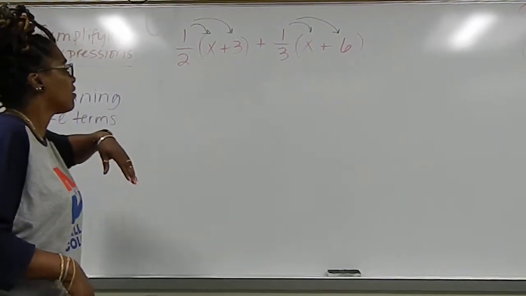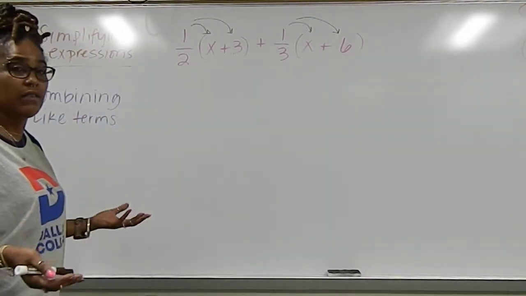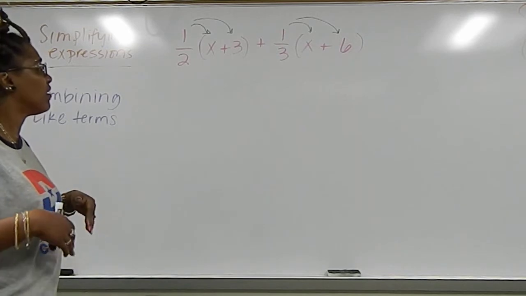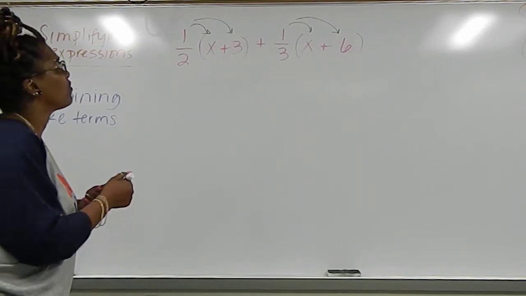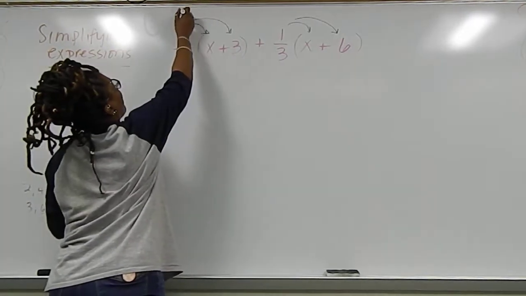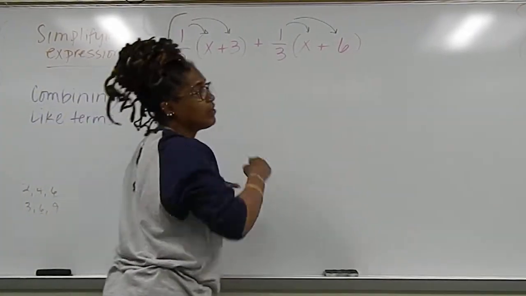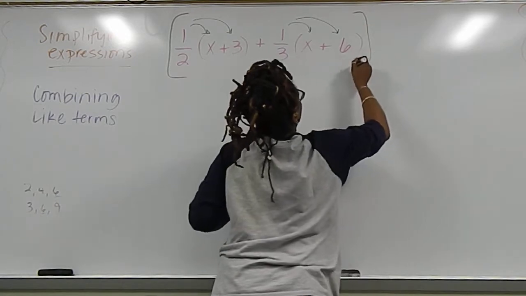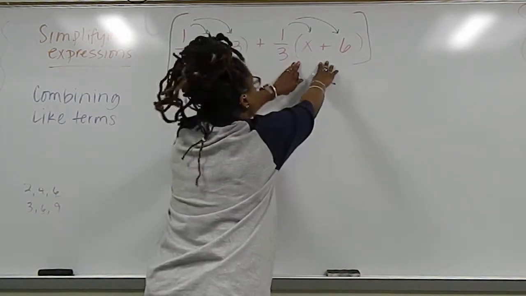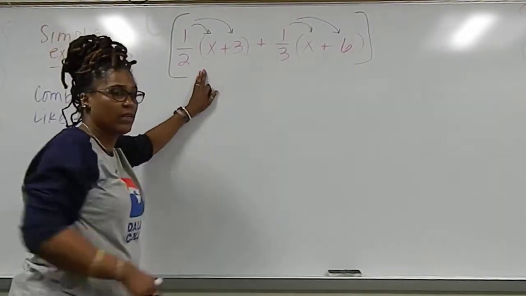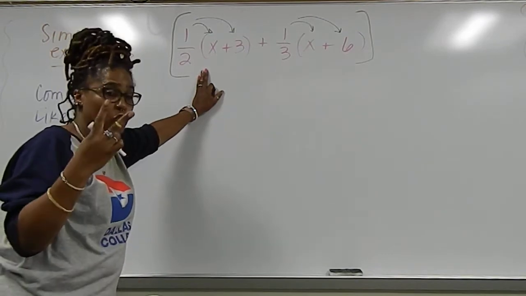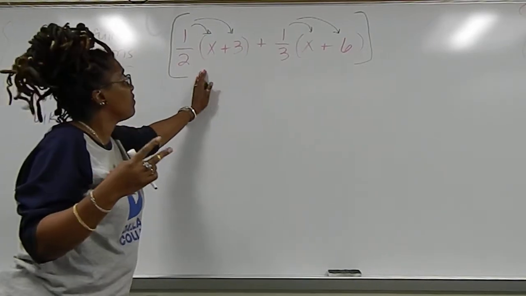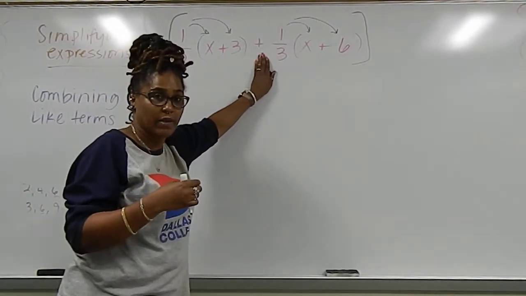And we decide, or we determine that 6 is our common denominator. So we're gonna multiply the entire expression. That means every single term, right? But what I tell you, this is one term, and this is one term. So technically, we only have 2 terms. This mathematical operation separates that.